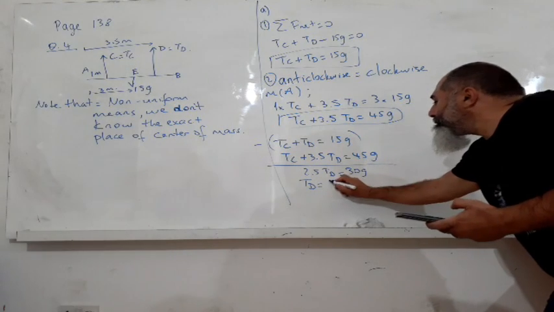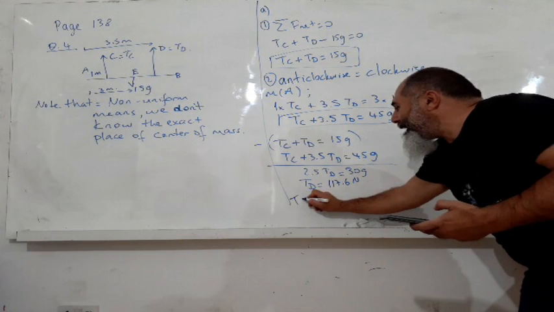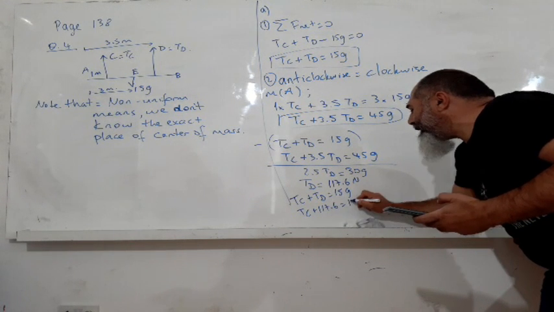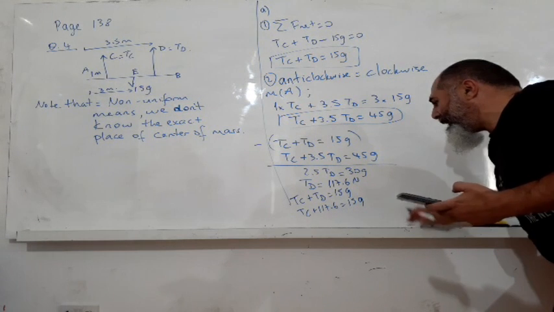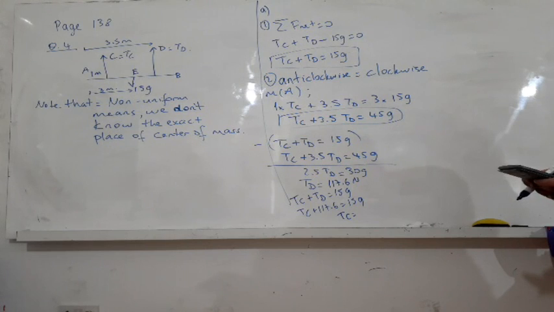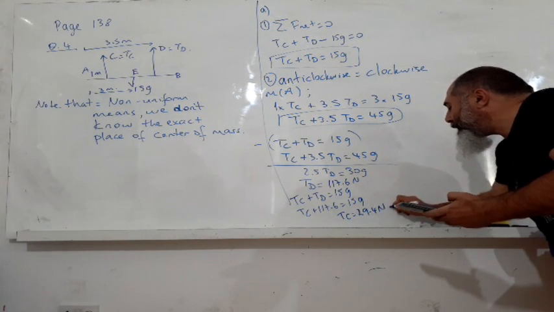Remember, these are all forces. And TC plus TD is equal to 15G. TC plus 117.6 is equal to 15G. So TC is going to be 29.4 newtons. This is the answer for part A.